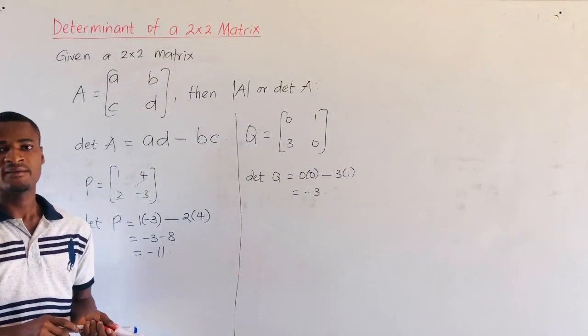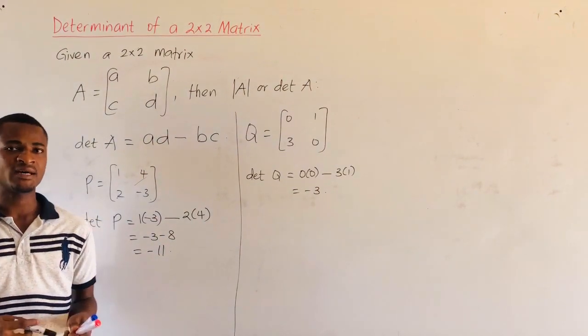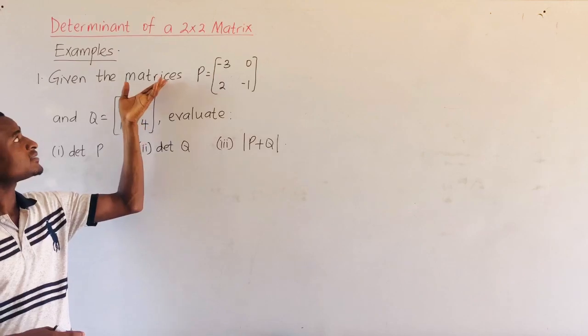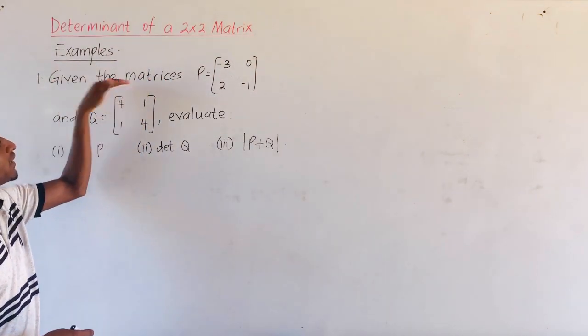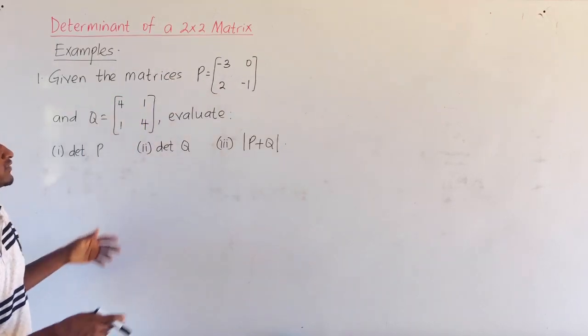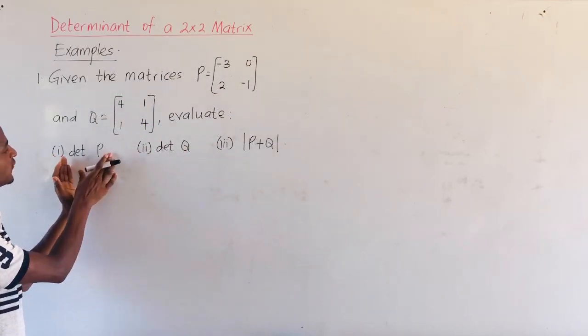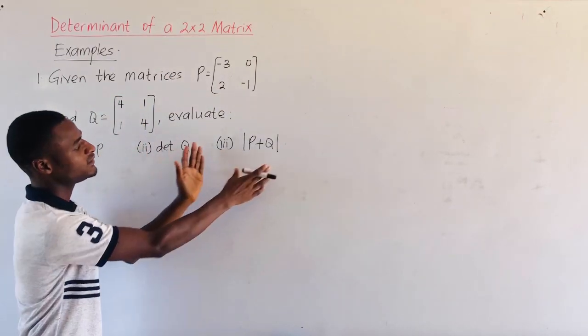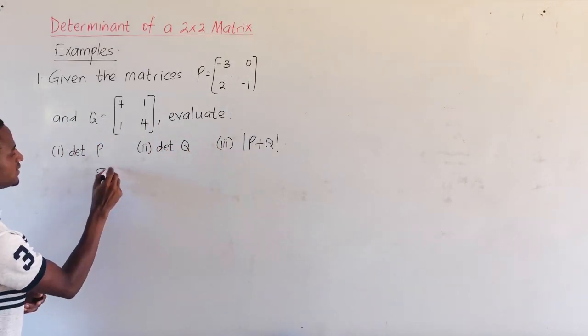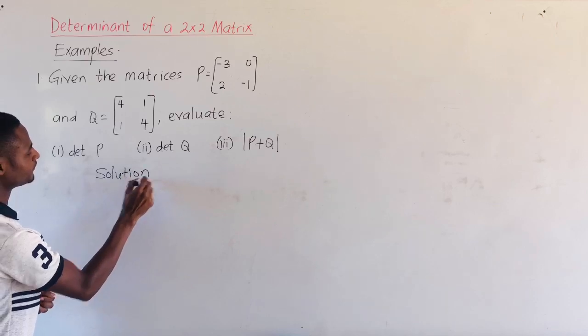We will take further examples on the determinant of 2 by 2 matrices. This is our first example. Given the matrices P and Q, which are both 2 by 2 matrices, we are finding the determinant of P, the determinant of Q, and the determinant of P plus Q. And this will be the solution.